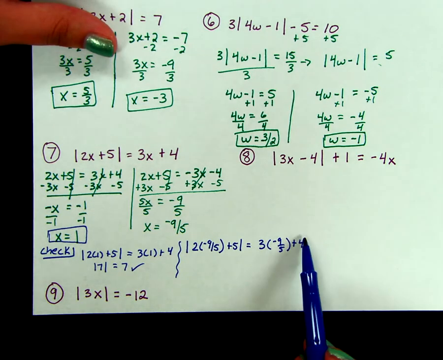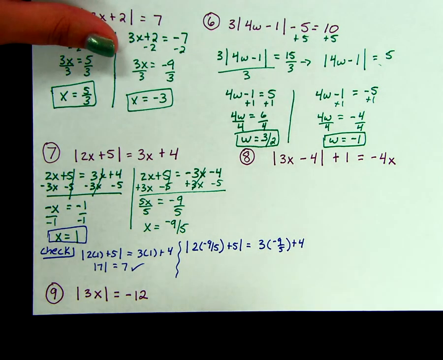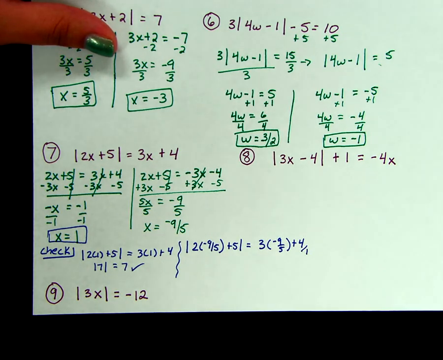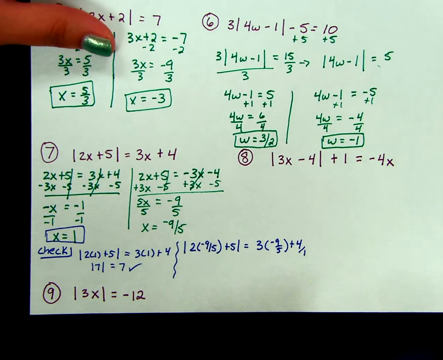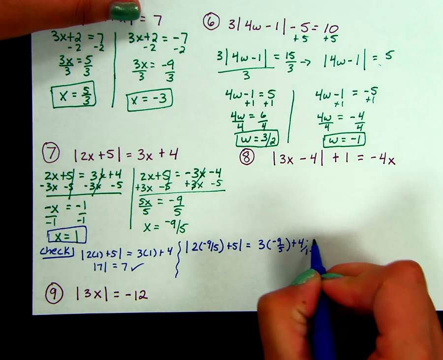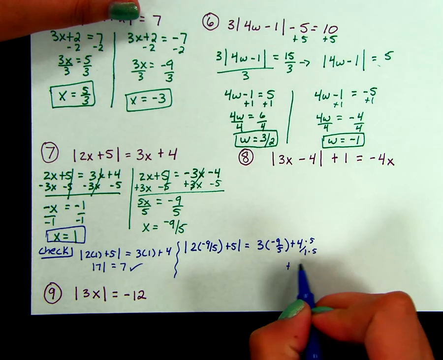So I'm actually going to simplify the right side first. And I'm going to cheat a little bit because I know I'm going to be dealing with fractions. So I'm actually going to put my 4 over 1 right away. And I'm going to switch this to have a denominator of 5. So that means that I'm going to take each of these times 5. So now we have 20/5 instead.